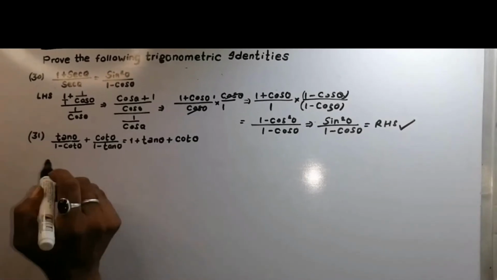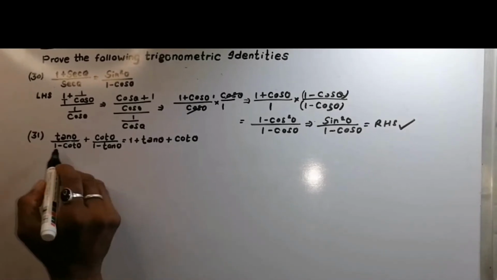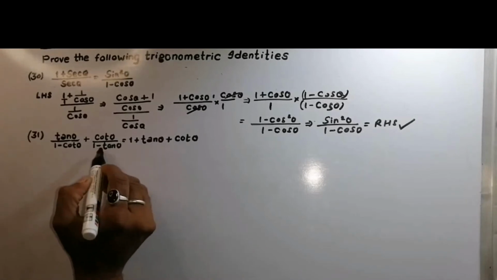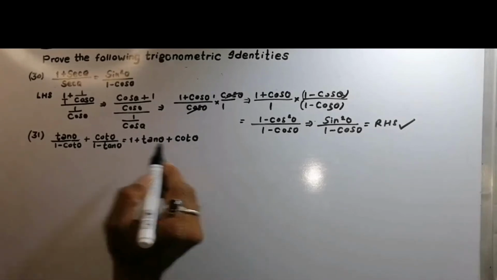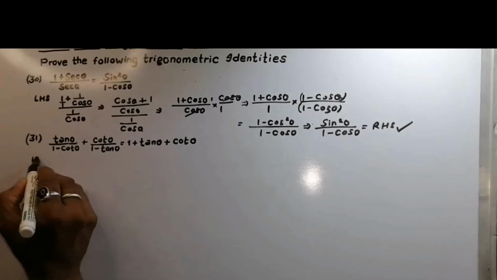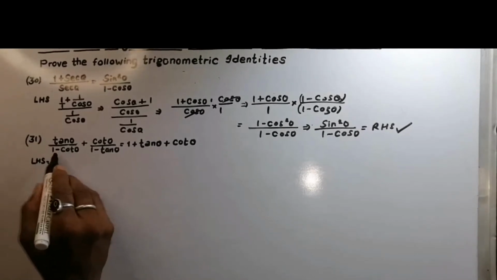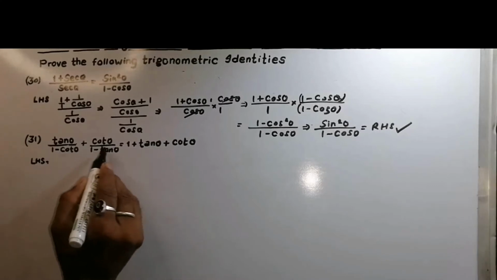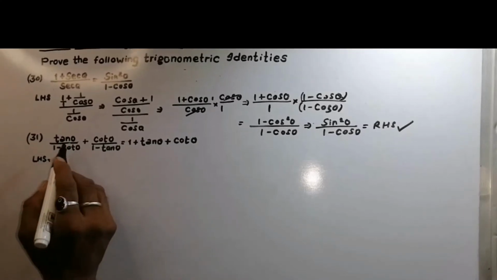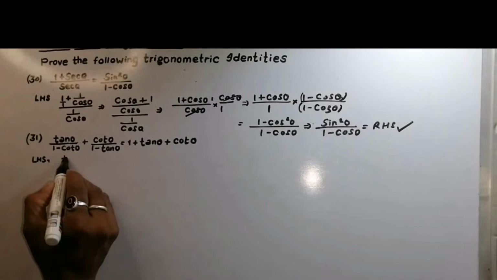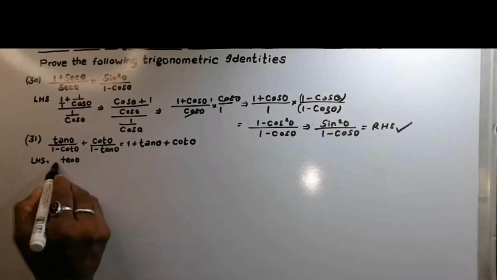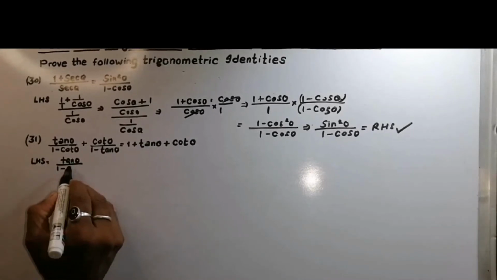And in question number 31, it is written: tan theta upon 1 minus cot theta plus cot theta upon 1 minus tan theta equals 1 plus tan theta plus cot theta. So we first take the left hand side, tan theta upon 1 minus cot theta plus cot theta upon 1 minus tan theta. We can write in place of cot theta, 1 upon tan theta.